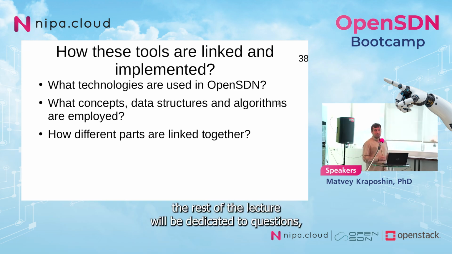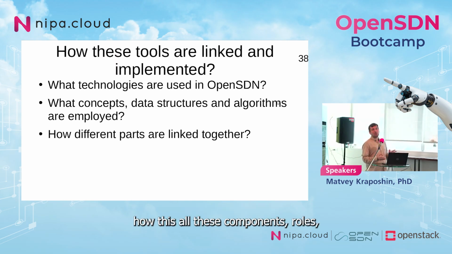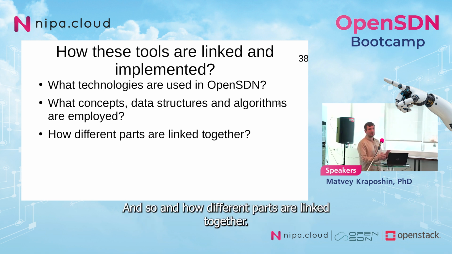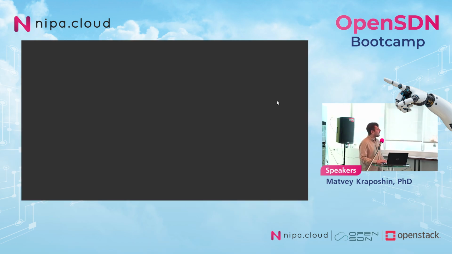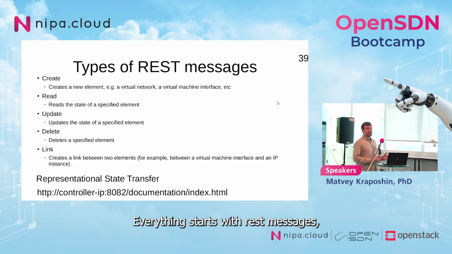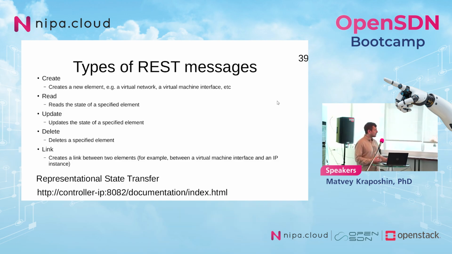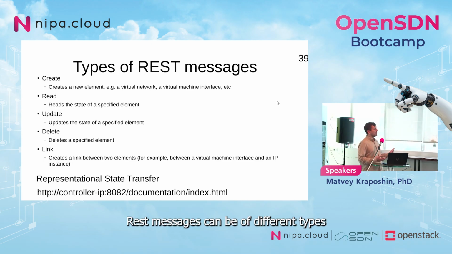And the rest of the lecture will be dedicated to questions of how all these components and roles are implemented, how packets are forwarded, and so on, and how different parts are linked together. Everything starts with REST messages, which are used to program a high-level data model. REST messages can be of different types, like create, read, update, delete, and link.